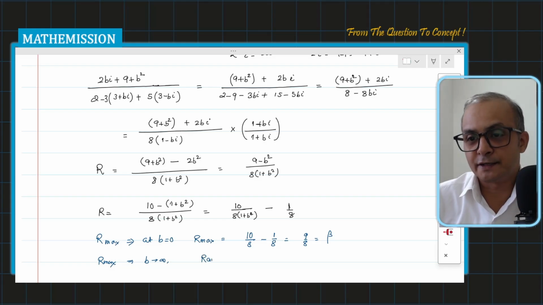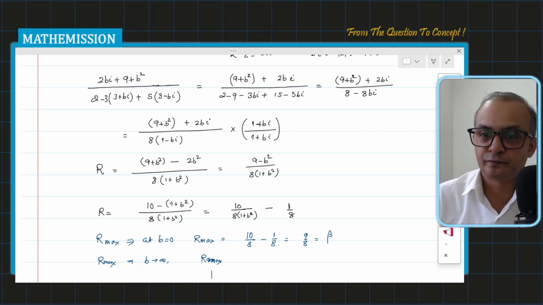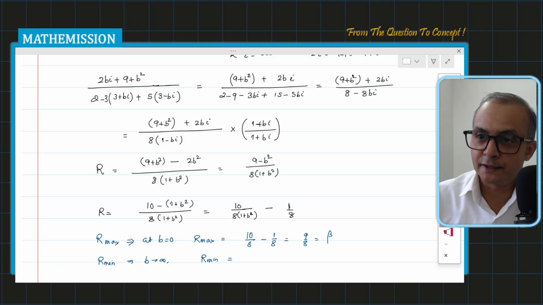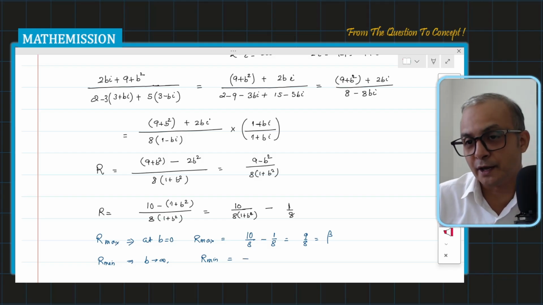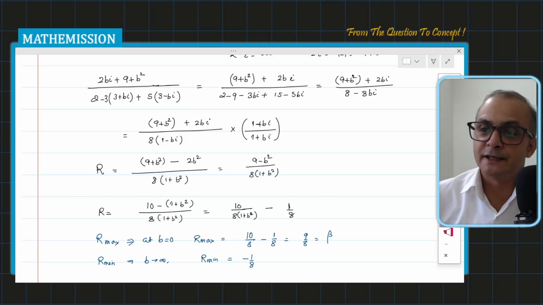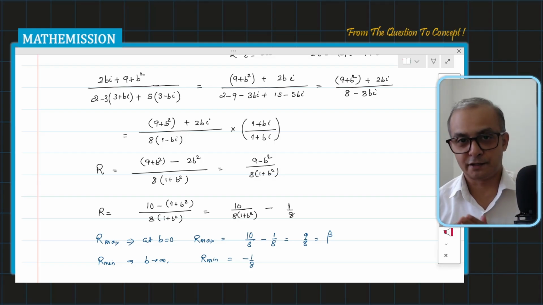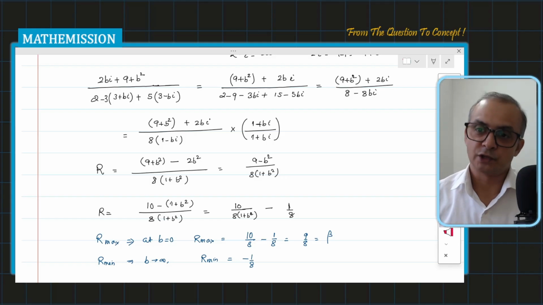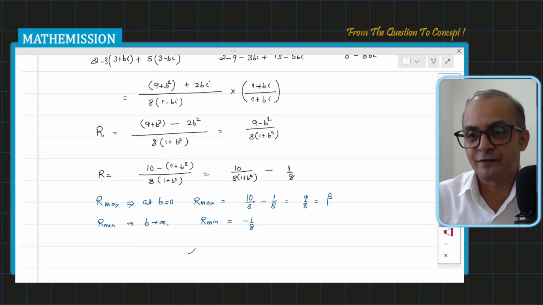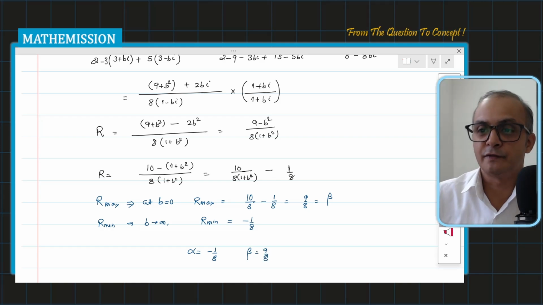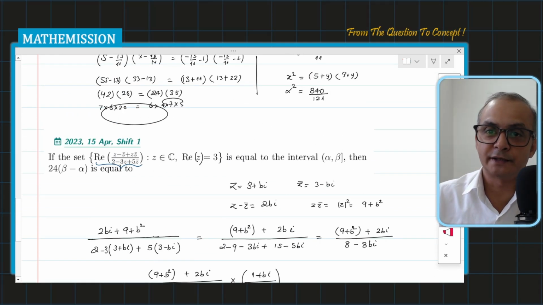Then this whole thing is going to be 0, and we'll get minus 1 by 8. Notice that this will not be the exact value because we are taking b approaching infinity, so it is minus 1 by 8 open bracket. So alpha is minus 1 by 8 and beta is 9 by 8. We have to find the difference of beta minus alpha and multiply by 24.